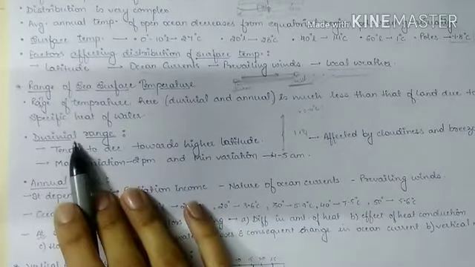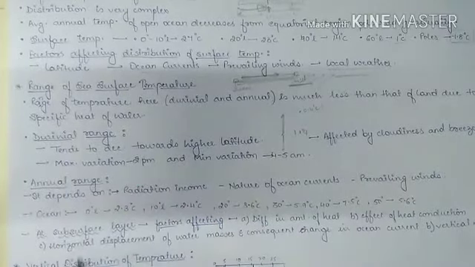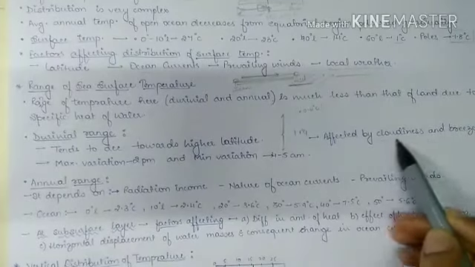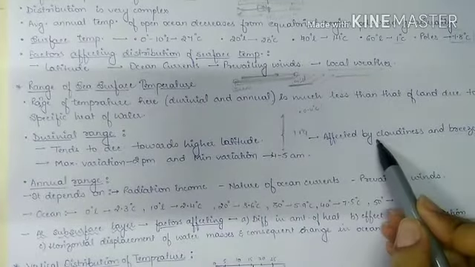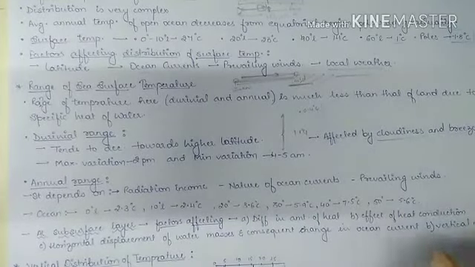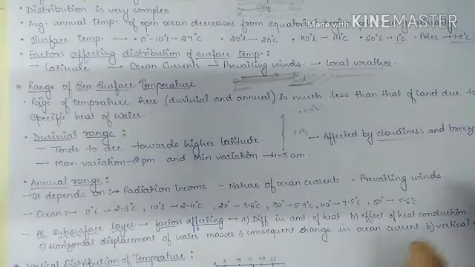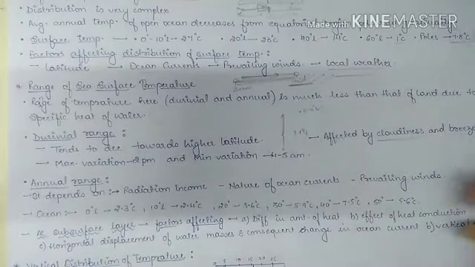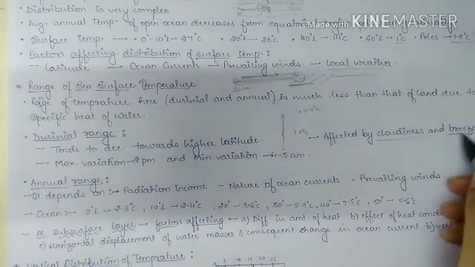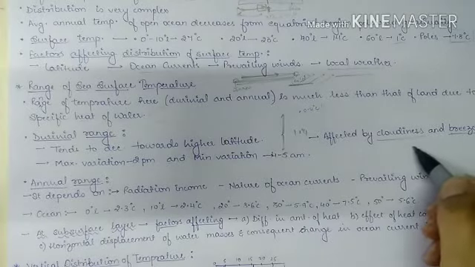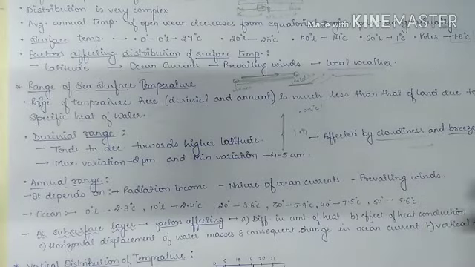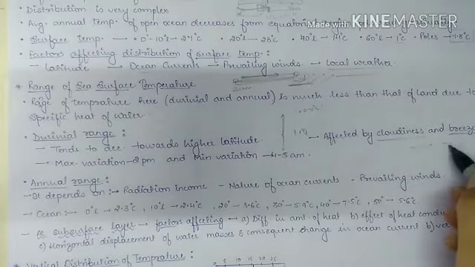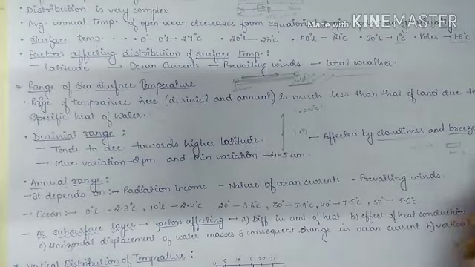The diurnal range of temperature is also affected by cloudiness and breeze. Now, how is it affected by cloudiness and breeze? See, if we have clear sky, then diurnal range of temperature will be more as compared to when we have clouded sky. And the breeze also affects, like if we have cold breeze, then the range of temperature will not be that high, and if we have calm atmospheric condition, then the range of temperature will be more.